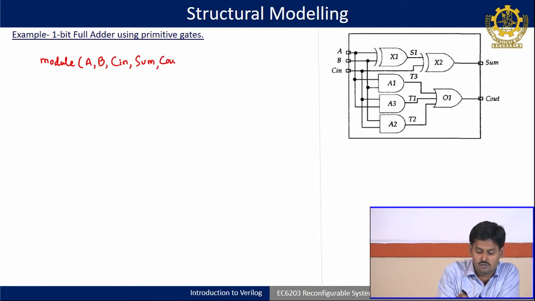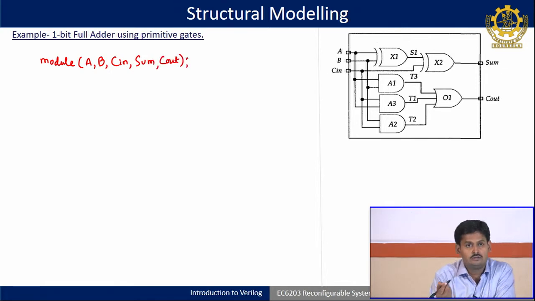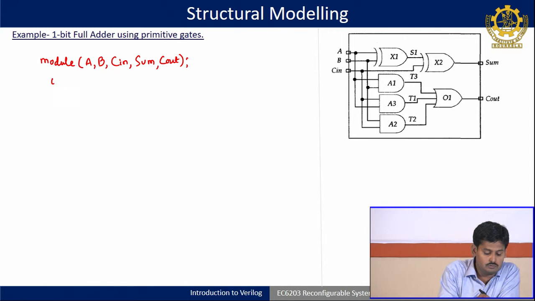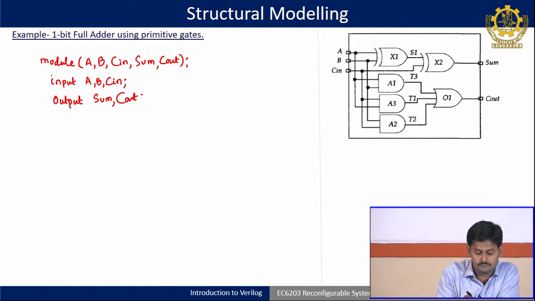Writing module is the easiest thing in Verilog, or let us say in any HDL, VHDL also. Once module is over, then you have to write down what are the inputs and outputs. So input is A, comma B, comma C in, end with semicolon. Then followed by you write down the outputs. So output is sum, comma cout.